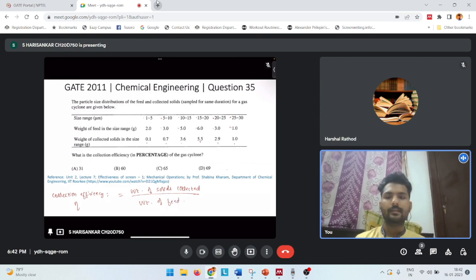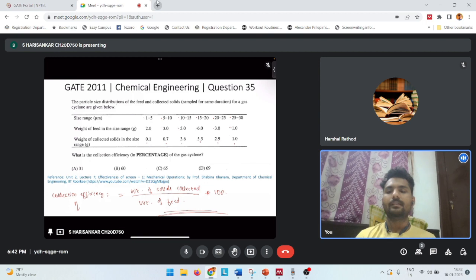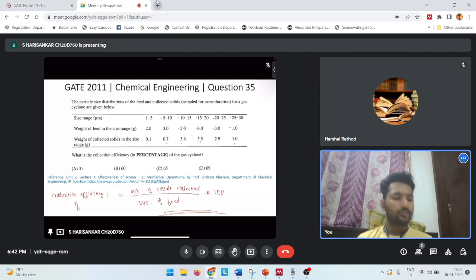And if we need it in percentage, this will be into 100. Now what we have to do is apply this collection efficiency formula for each of these different size ranges separately.